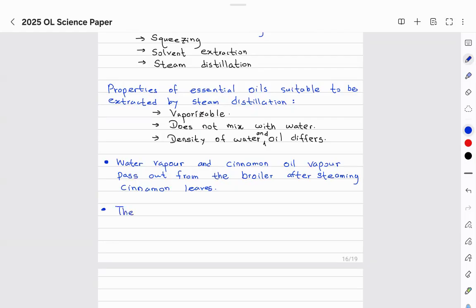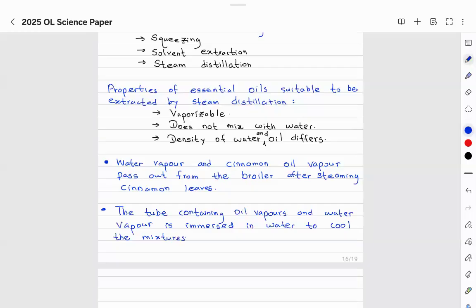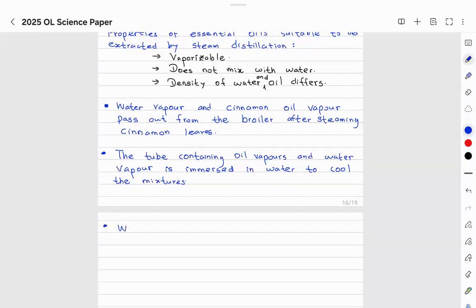Then the tube containing oil vapor and water vapor is immersed in water to cool the mixtures.